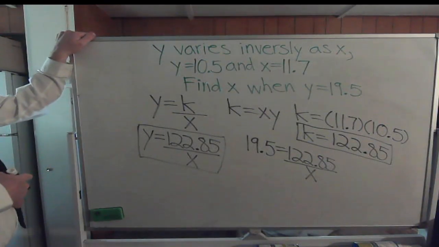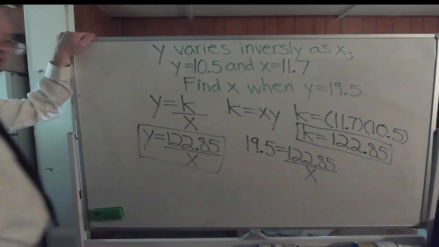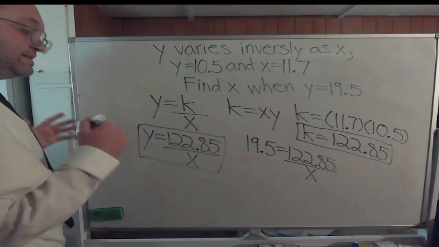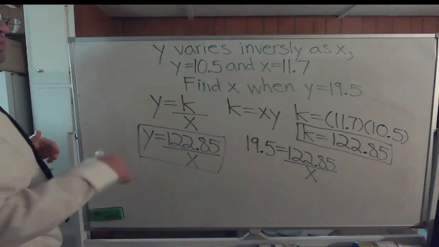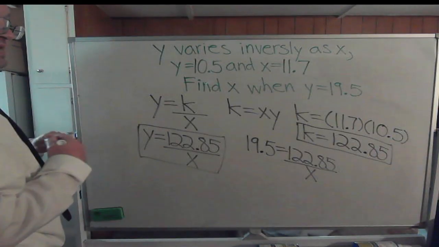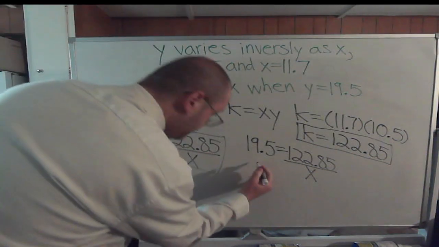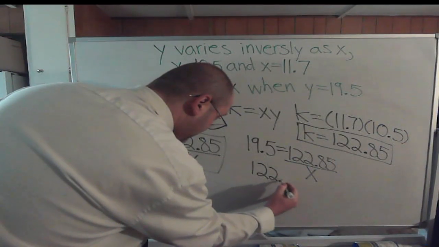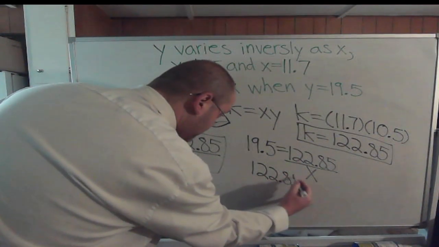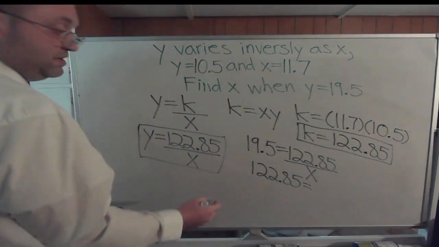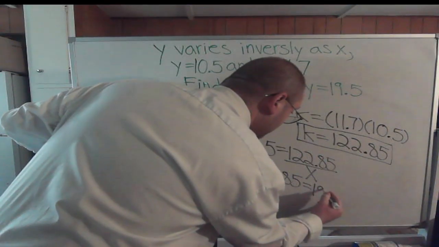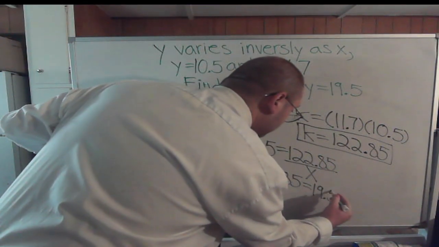Well, we ultimately want to solve for x. In order to do that, we've got to get it out of the denominator, out of the right-hand side. So we have to multiply the right-hand side by x. If we do that, we get 122.85. But what you do to the right, you've got to do to the left. You'll multiply 19.5 by x, you'll get 19.5x.